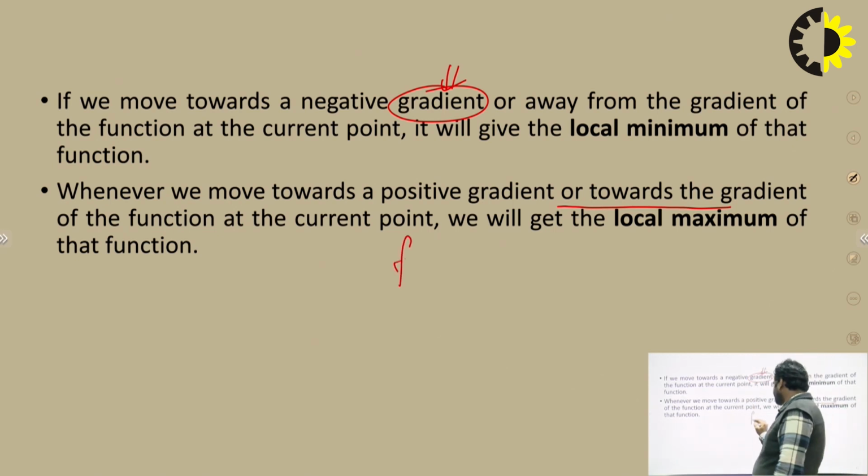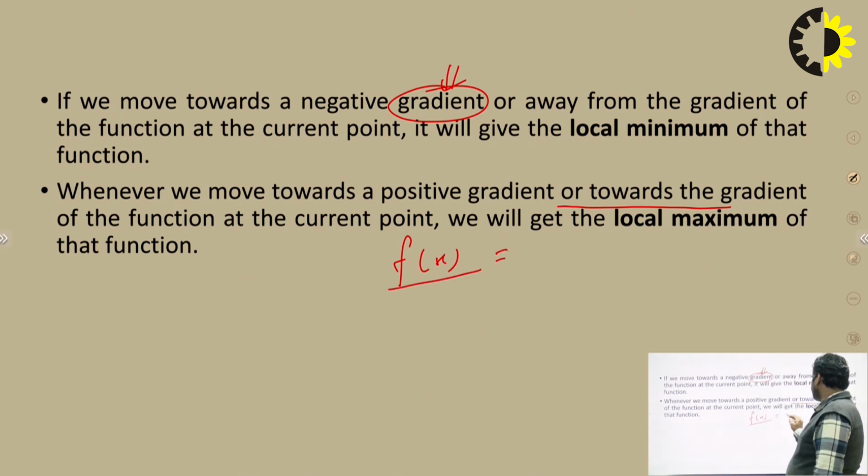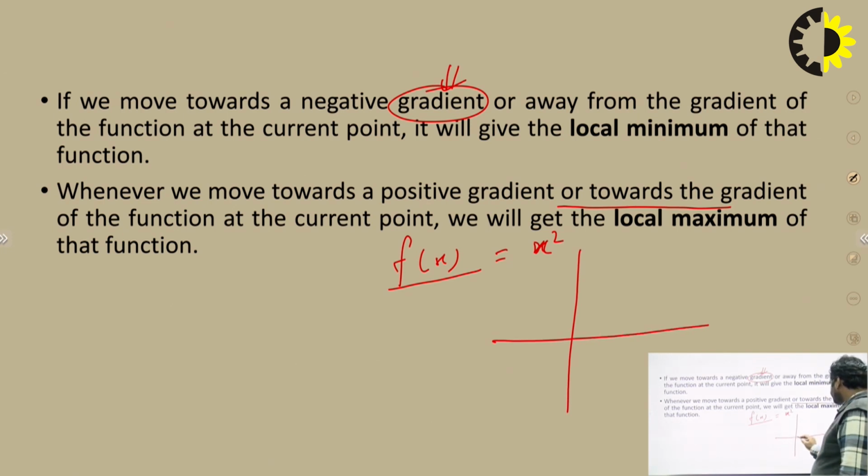Suppose we have a function f(x). We can say f(x) is x square. Let's see the graph of this one. This is the x-axis, this is the y-axis. The graph must be this one.